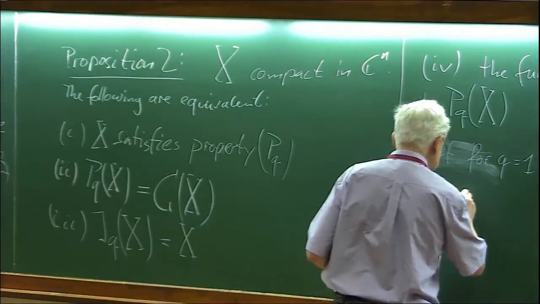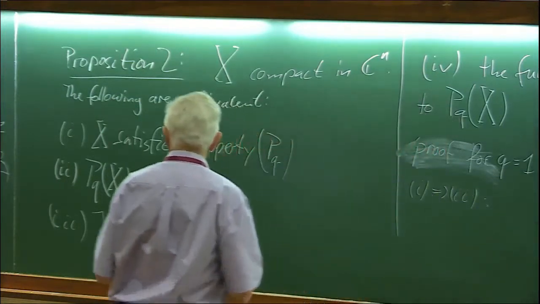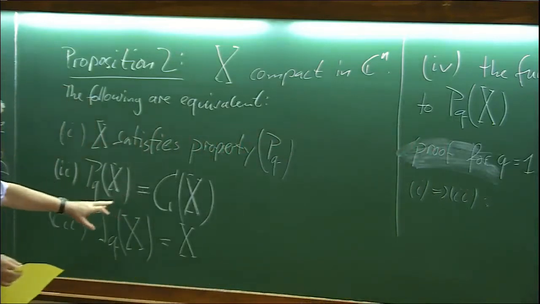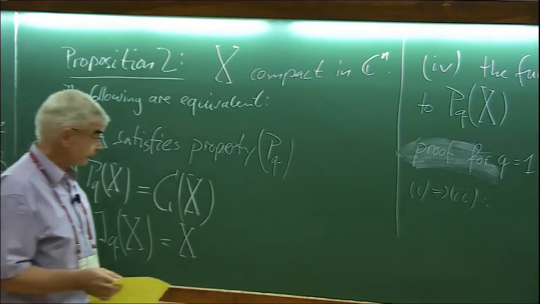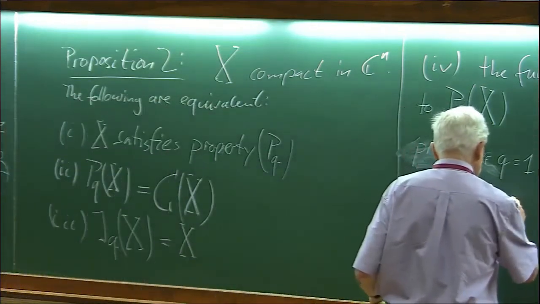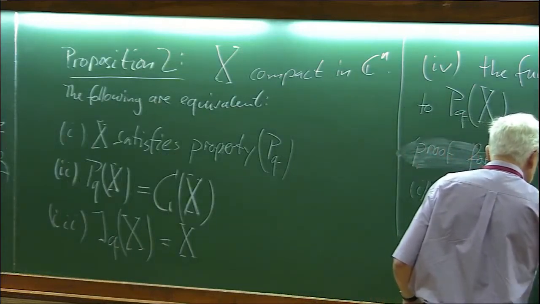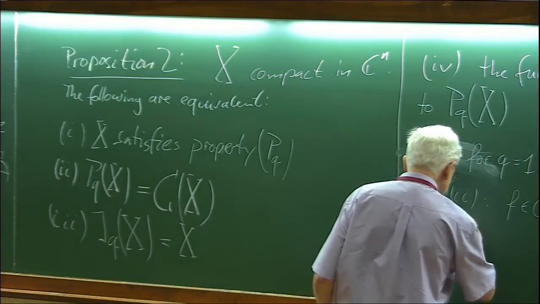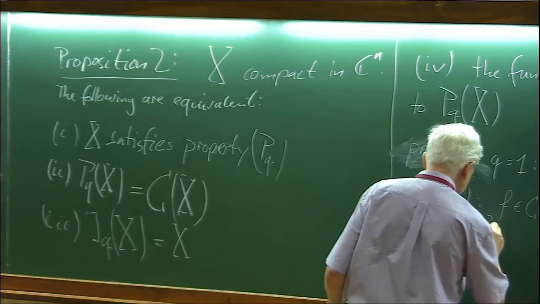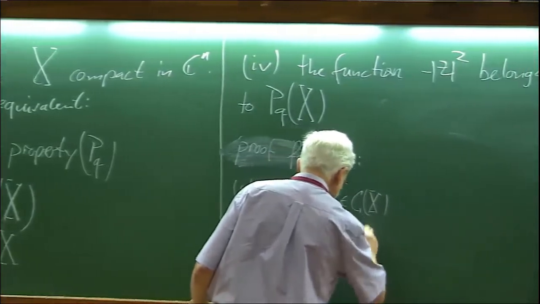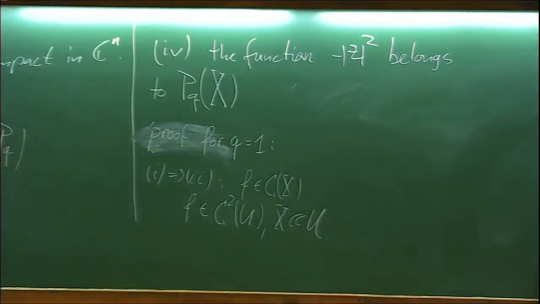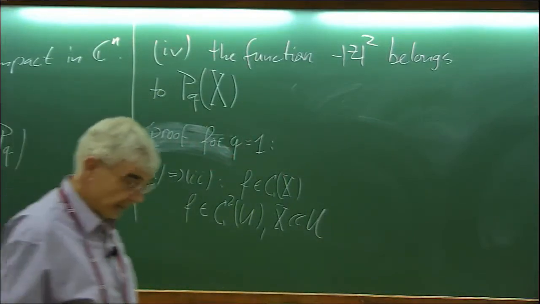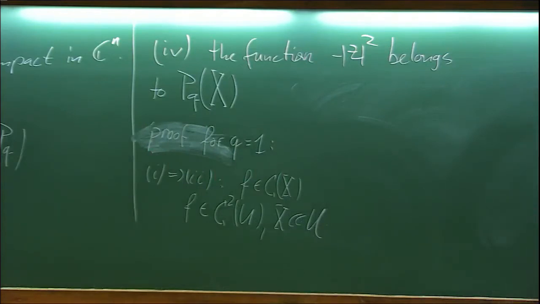1 implies 2. Okay, so I need to take a continuous function and I need to approximate it by functions in here, right? Now, we can assume f is, say, twice continuously differentiable in some neighborhood of X. Continuous functions on X can be approximated by even smooth functions, right?